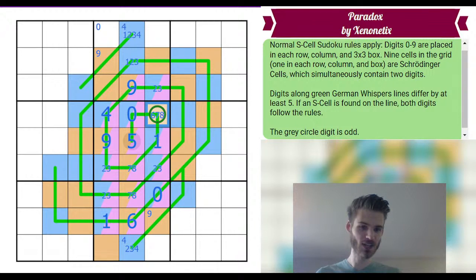5s in boxes 2 and 8 cannot go on the whisper. That's true. You're very smart, Andrew. So one of these 2 is a 5, and one of these 2 is a 5.